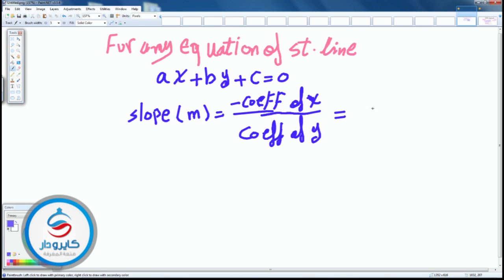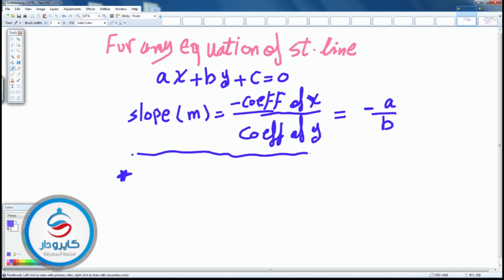That means negative a over b. Negative coefficient of x over coefficient of y. This is negative a over b.